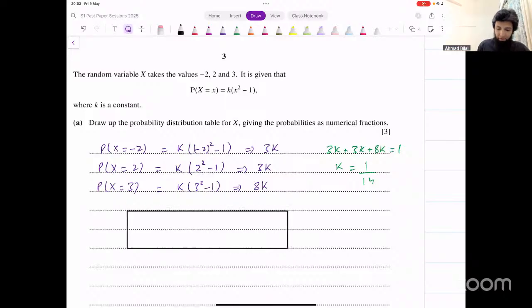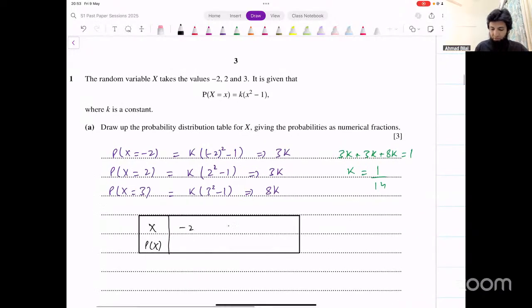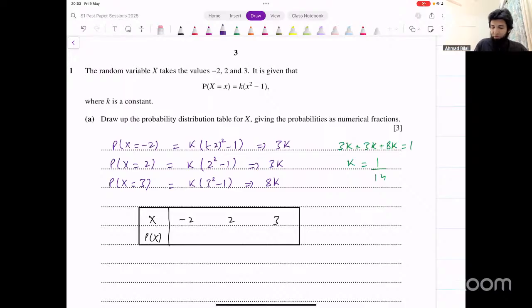You've got x and then the probability of x. There are three possible values of x, which are -2, 2, and 3. What are their probabilities? 3 into k, that's 3 over 14, 3 over 14, and then 8 over 14. This is what the probability distribution table looks like. That's what you wanted to do in this part. Make sense? Let's move on to the next one.